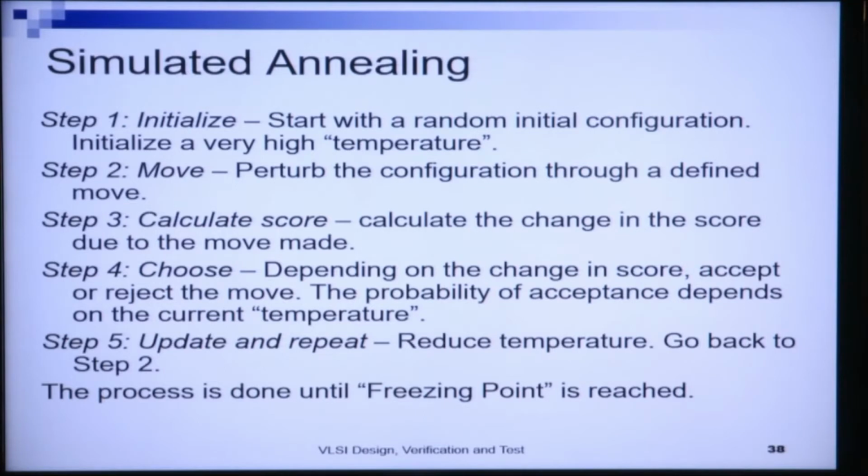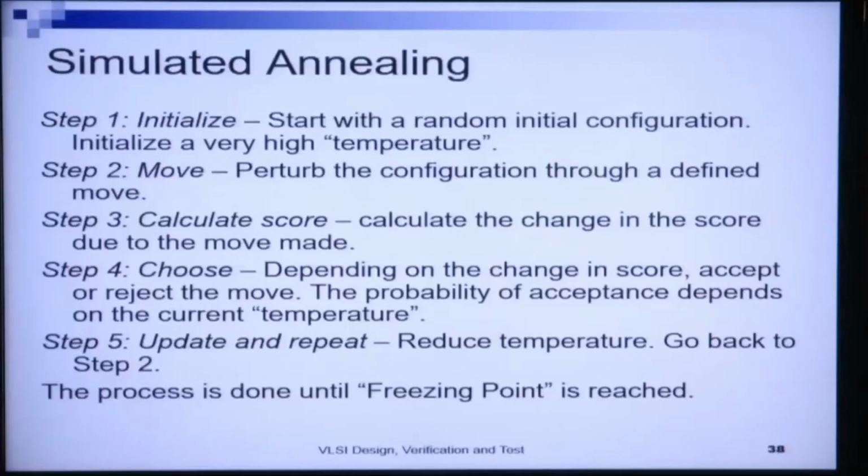So, if the move results in an increase in area cost, we can still accept the solution in terms of that merge with a certain probability, when the temperature is high, but later we will slowly decrease that probability of accepting higher area solutions. Then we update and repeat. We reduce the temperature and go back to step 2 until we reach a freezing point.